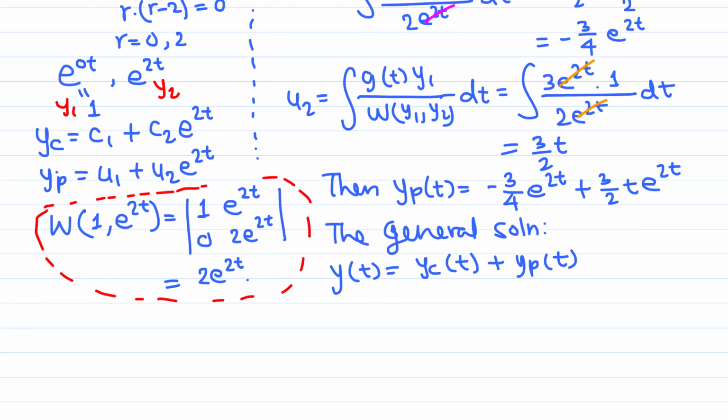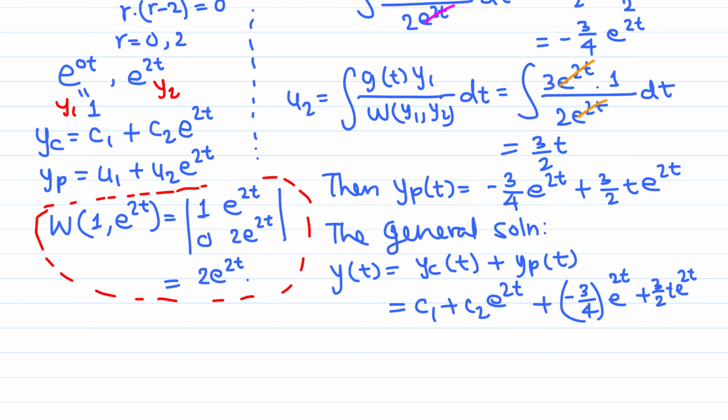I mean these are all functions of t, and I did not write t in parentheses, but this is still a function of t. yc is found earlier, c1 plus c2 e raised to 2t, plus yp, which is negative 3/4 e raised to 2t, plus 3/2 t e raised to 2t.